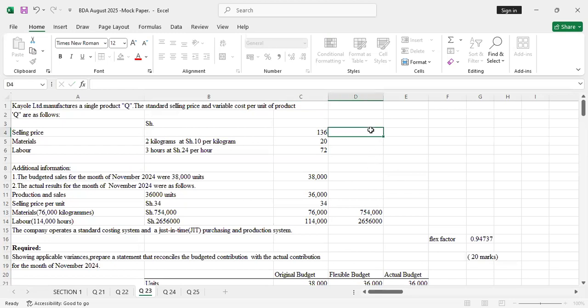In this case, we have the budgeted values. These are the values that were budgeted. The budget for a selling price is 136. Then for me to get the contribution, I'll subtract the material and I'll also subtract the labor, because those are the variable costs. So my budgeted contribution is 44.